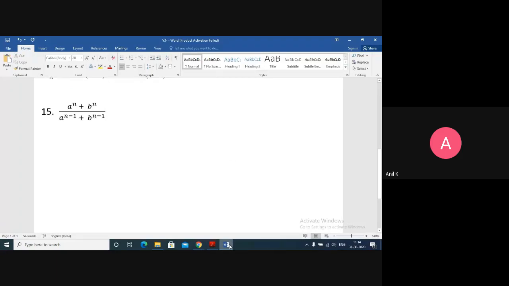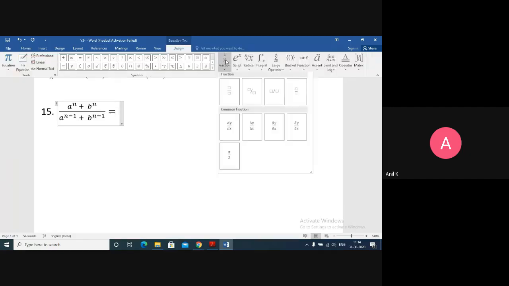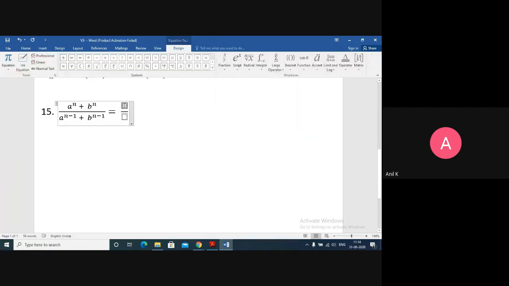So I think in last class we discussed arithmetic mean of A and B is nothing but average of the two numbers. So if A and B I have, then arithmetic mean is given by A plus B upon 2. This is the arithmetic mean I got from the formula, and this is the arithmetic mean which they have given.